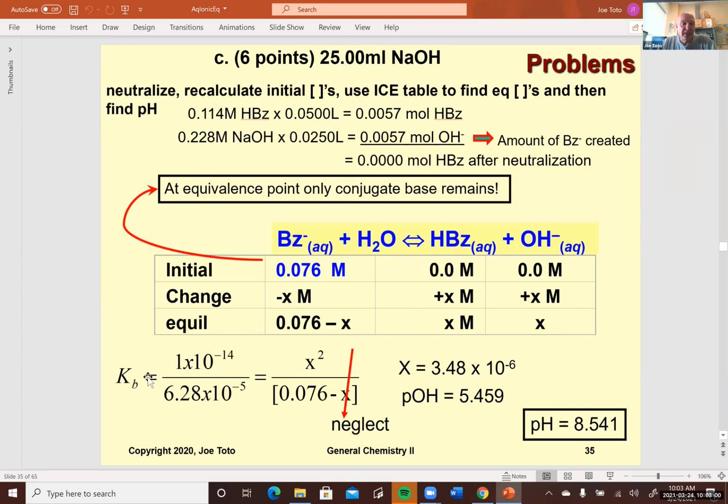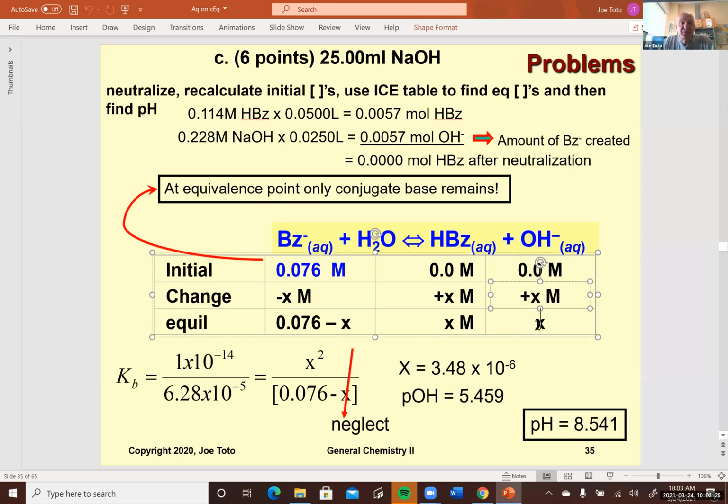So we can calculate that Kb using the Ka, and know that it's equal to x times x, or x squared, divided by the concentration of the reactant, which is the conjugate base. Check the 5% rule, calculate x, but be careful.